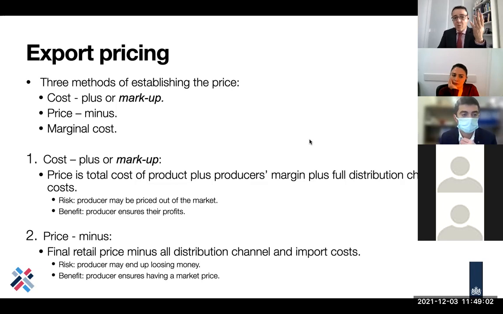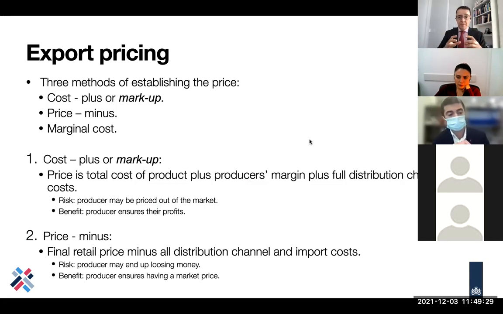Well, there's 3 ways. There's 3 mechanisms, and you can make them as sophisticated or as simple as you want. First one is the cost plus or markup. This is very traditional. You take into account your costs. How much does it cost to produce 1 unit of each product? You include the fixed costs, the variable costs, every single cost.